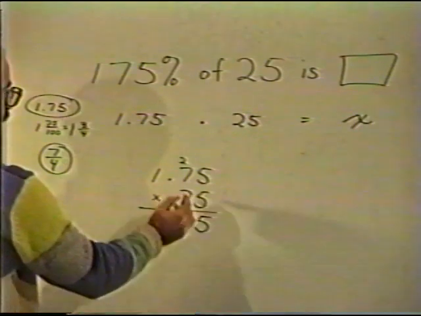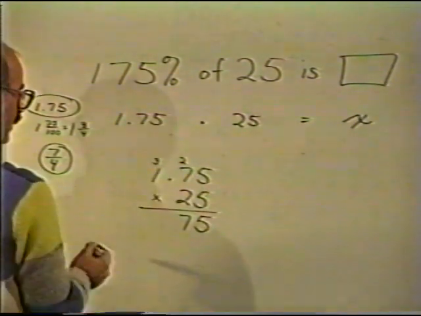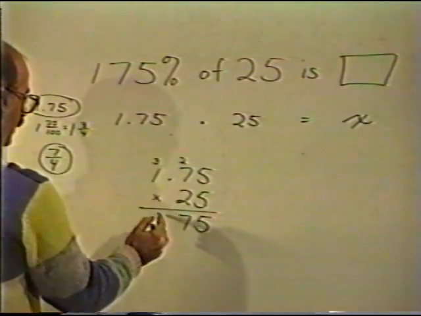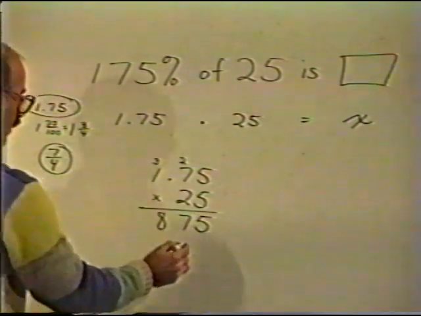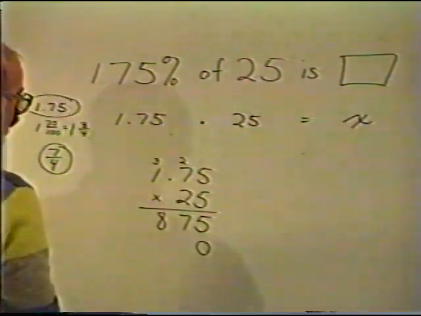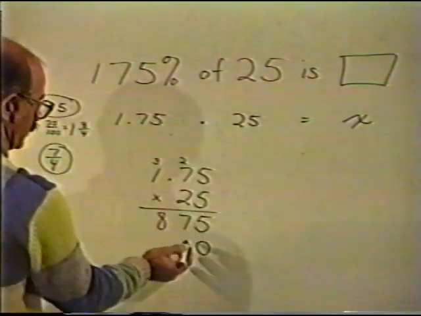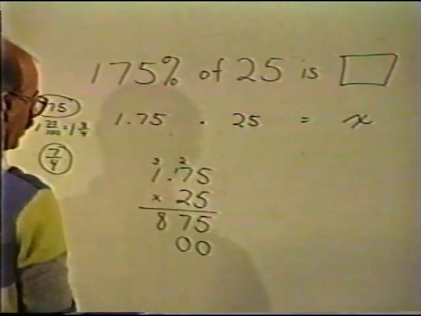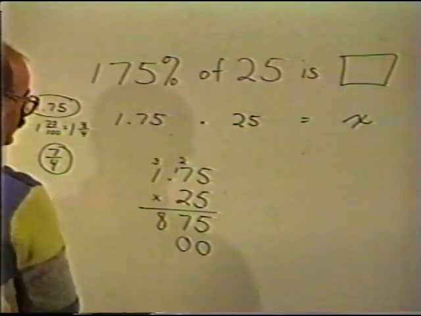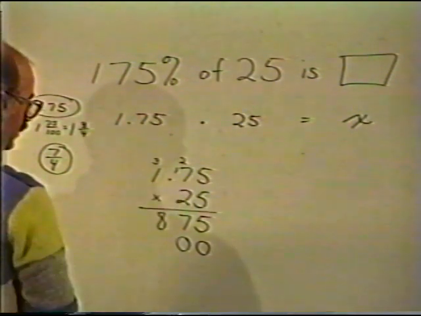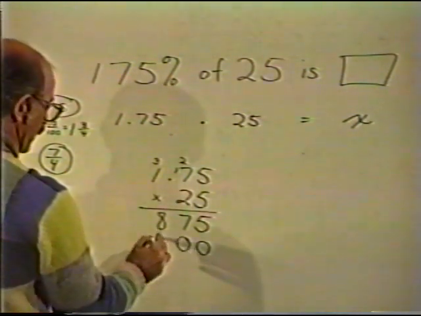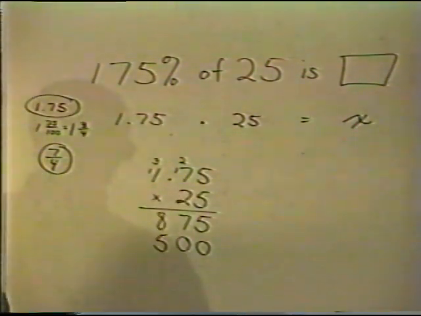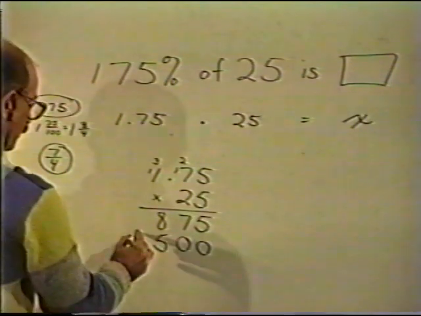Put down the 7, carry the 3. 1 times 5, 5, plus 3, 8. A 0 to start the second row. 5 times 2, 10. Put down the 0, carry the 1. 7 times 2, 14, plus 1, 15. Put down the 5, carry the 1. 1 times 2, 2, plus 1, 3.